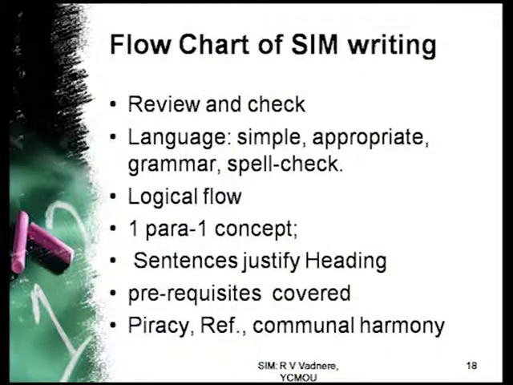Then you see the logical flow. This is where most of the new writers make mistakes. What happens is you write some sentence first, and then the next sentence does not relate to the first sentence, it relates to something else. This is the kind of mistake most people do when writing for the first time. One sentence should relate to the other, the second sentence should relate to the third, and so on, and so the entire set of sentences makes up a paragraph.